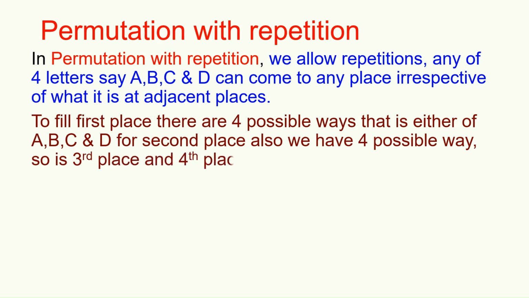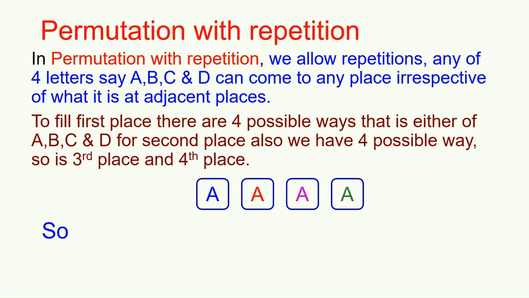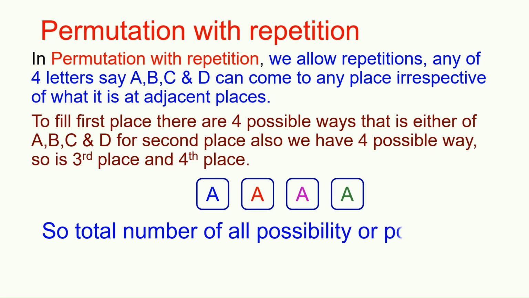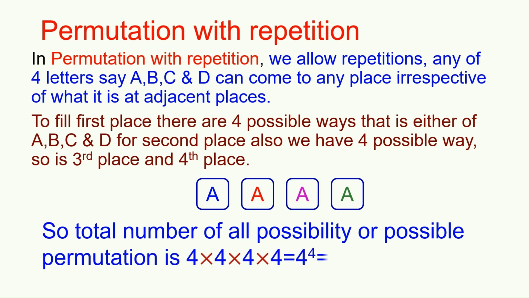So it is for the third place, and for the fourth place. So the total number of all possibilities or possible permutations is 4 times 4 times 4 times 4 equals 4 to the power of 4 equals 256.